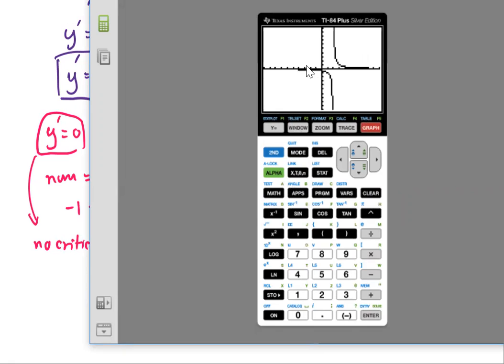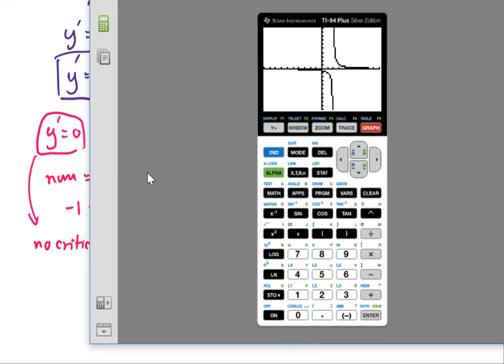The graph has two pieces, and x equals 2 is the vertical asymptote. The graph is falling all the way on the left side, and it is also falling all the way on the right side. These two graphs do not meet because the vertical asymptote separates them apart.